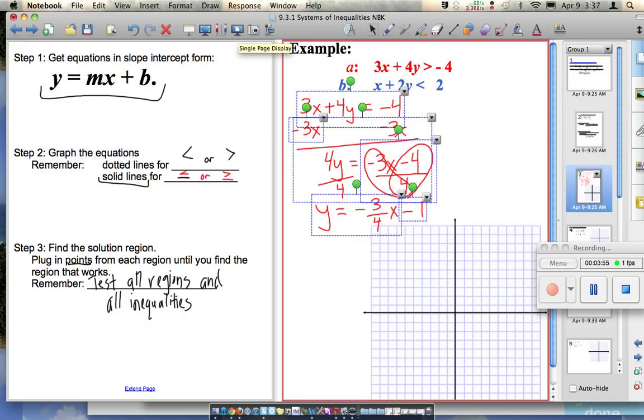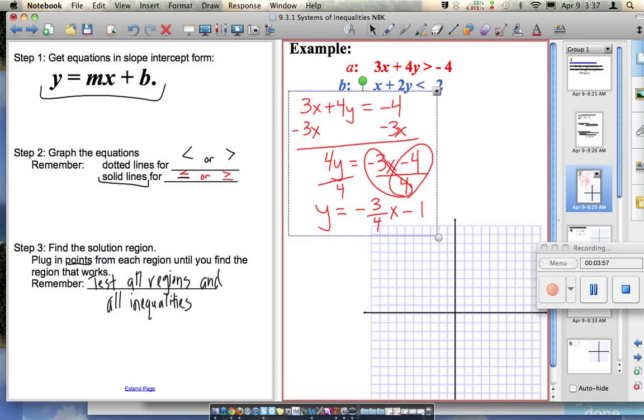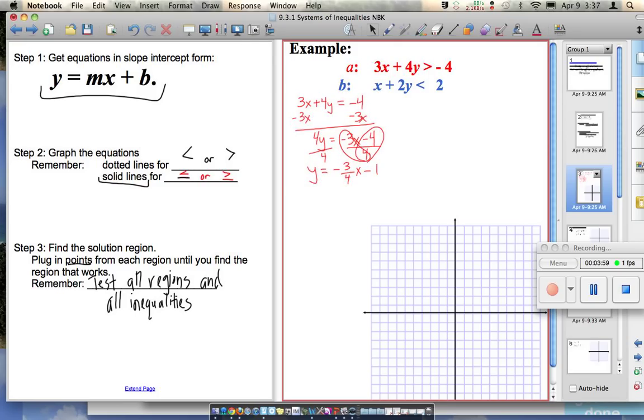Now I'm going to do it for the blue. So for the blue equation, I'm going to do the same exact thing. I'm going to solve for y. Get y alone so I can see what my slope is. Let's see, subtract x on both sides so that my y's are alone. And then I'm going to divide everything by 2.